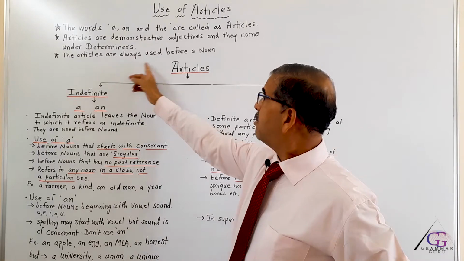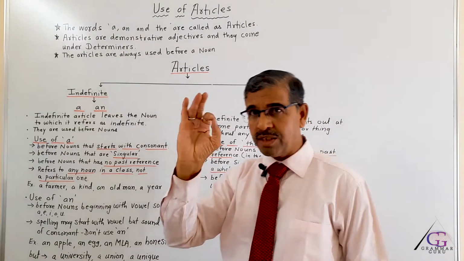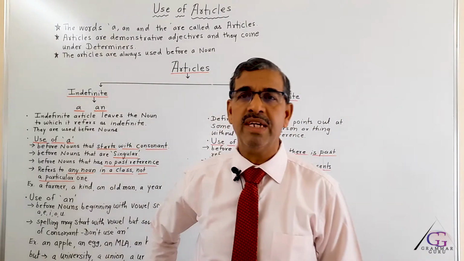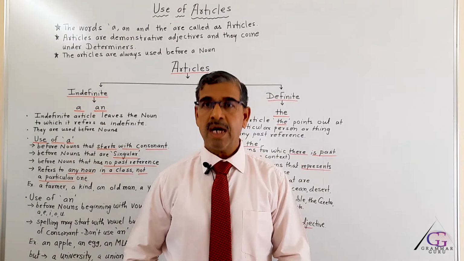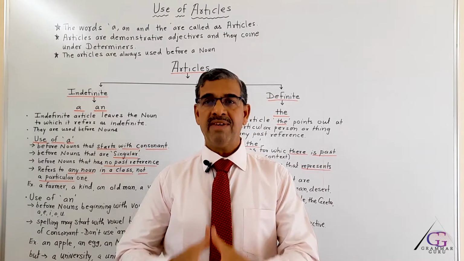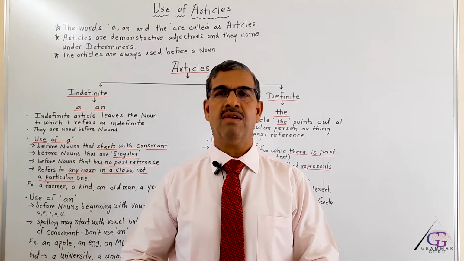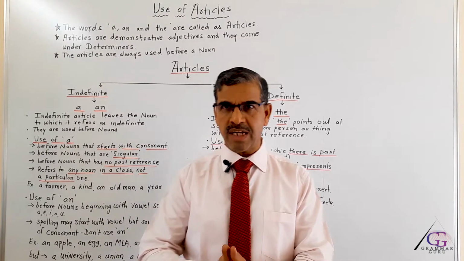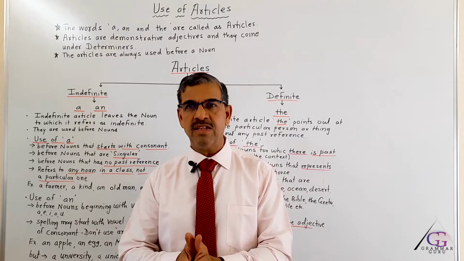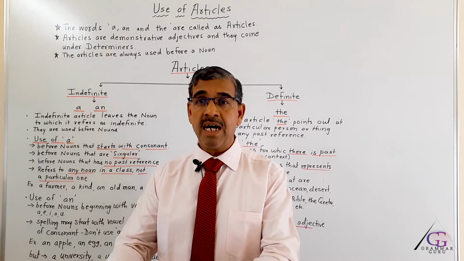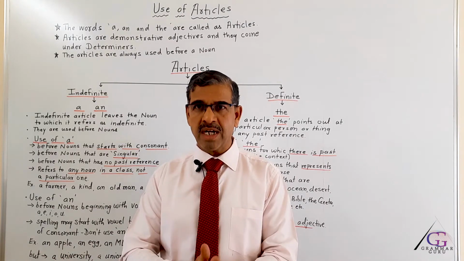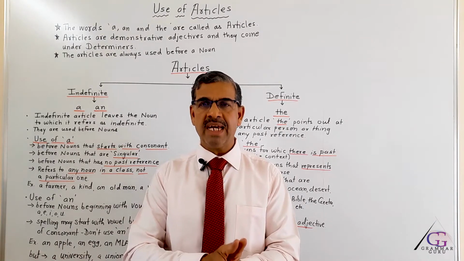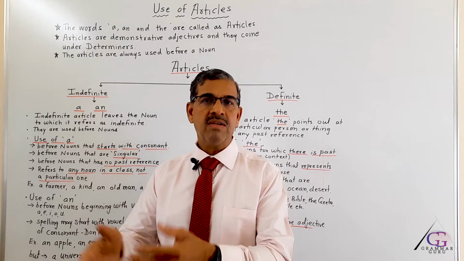So articles are always used before a noun. The most important point that you have to remember is that articles are always used before a noun. So whenever there is a question related to articles, or whenever you want to use any article in a sentence, there must be a noun after the article. That means before a noun we have to use the article a or an or the.